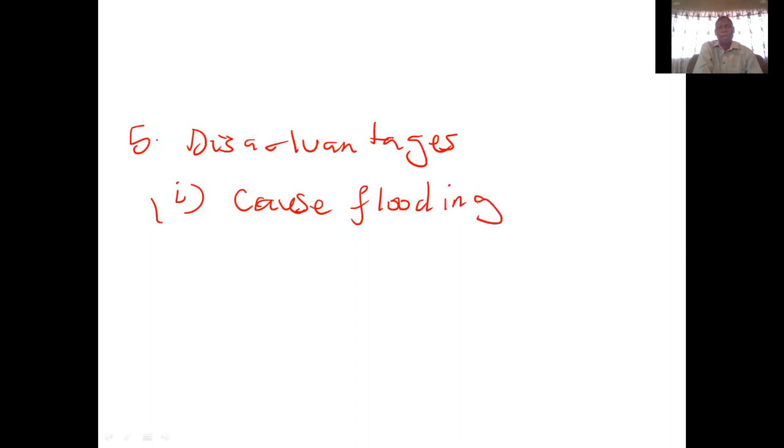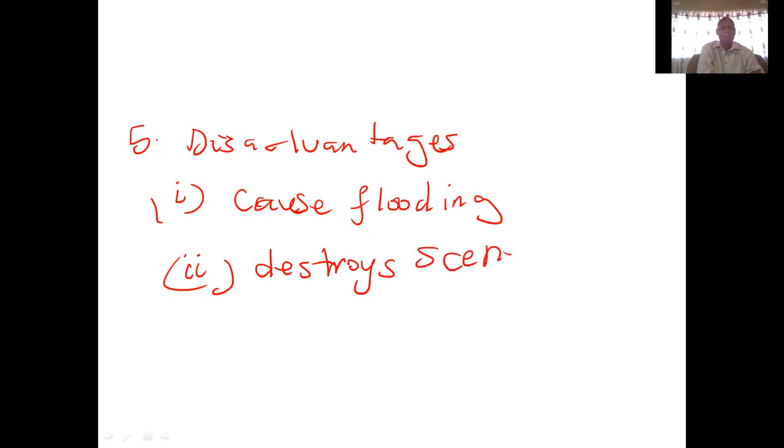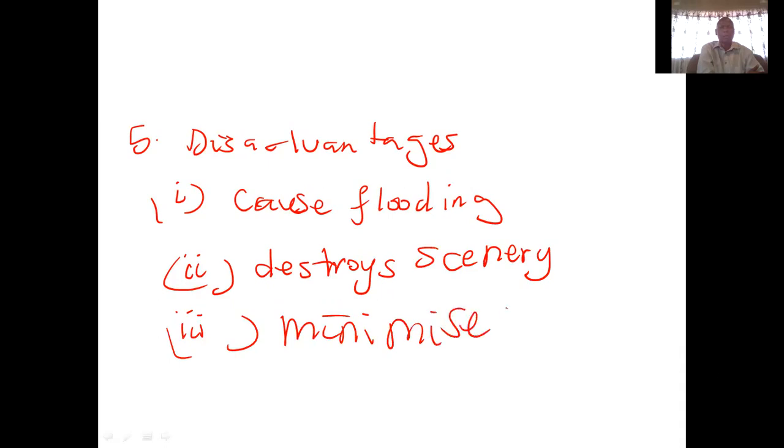Once the dam is full, it can cause flooding. And number two is that it destroys the scenery. The place is destroyed, okay? And it also minimizes land use, because the land is buried.